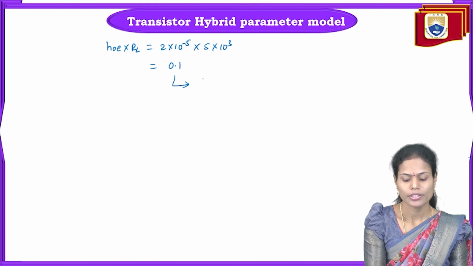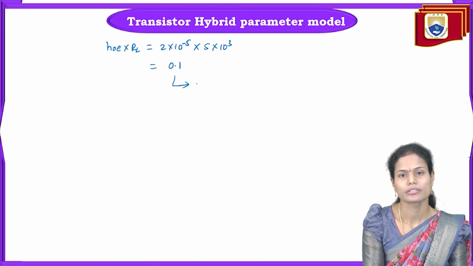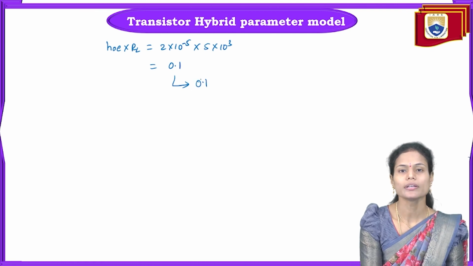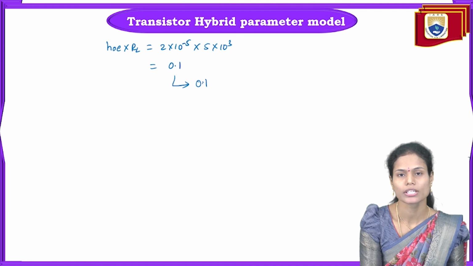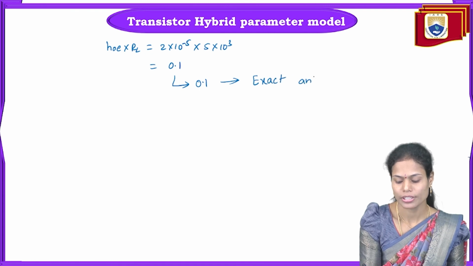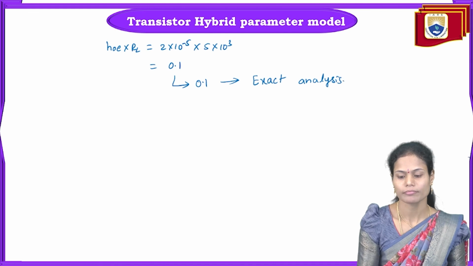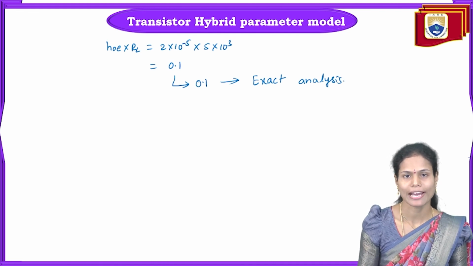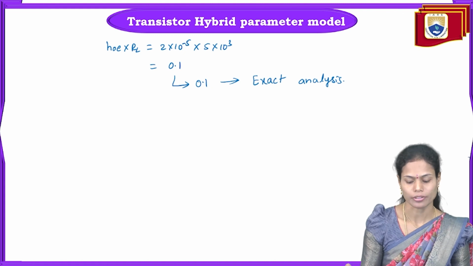So HOE RL is equal to 0.1, it is equivalent to 0.1, so that we need to go for the exact analysis only. If it is less, only then we need to go for the approximate analysis. So again we need to use the exact analysis formulas to calculate the given parameters.